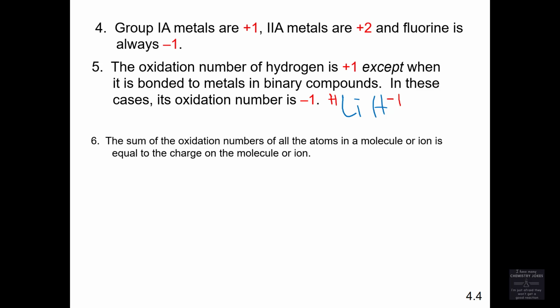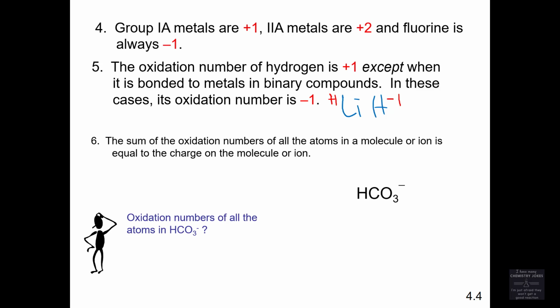The sum of the oxidation numbers of the atoms has to be equal to the charge on the molecule or the ion. Let's look at one. According to our rules, oxygen always has a charge of -2. According to our rules, hydrogen always has a charge of +1 unless it's in a binary metal compound. Carbon was not part of our rules, so carbon is an unknown in this compound. If we have 3 times -2, that's -6, because there are 3 oxygens, and a +1 for hydrogen.